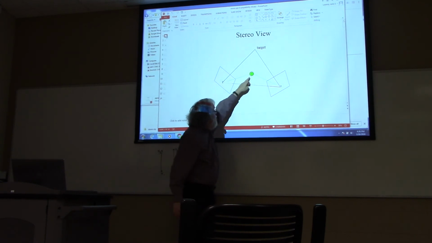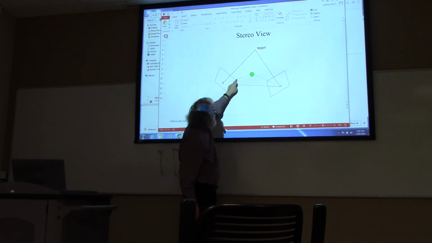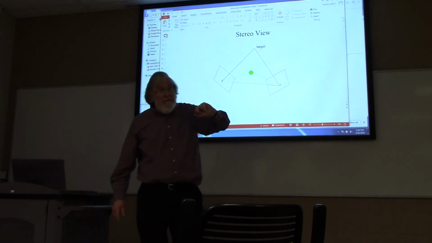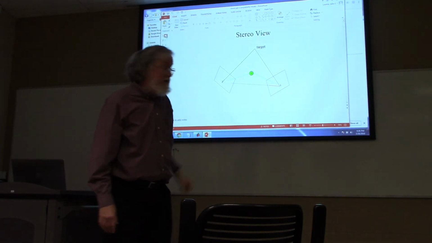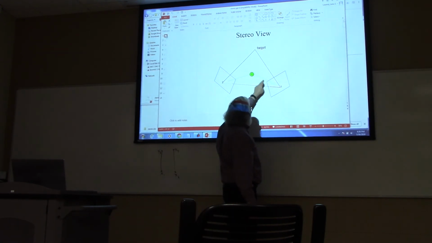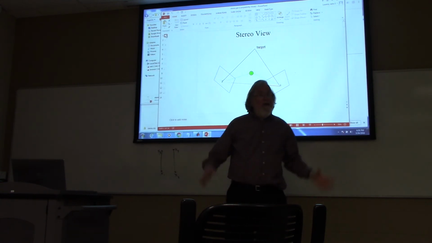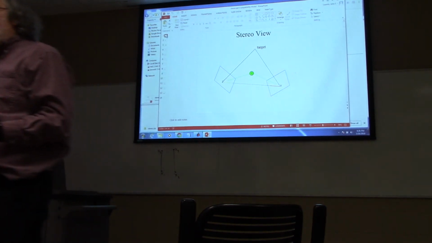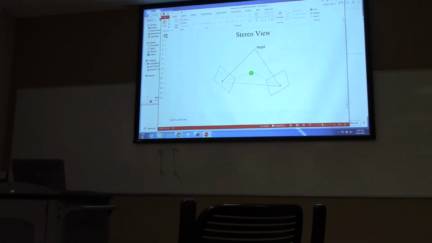And we know that the point in question lies somewhere along this vector, but we don't know where. We do know it lies along that vector, and we know that the point in space lies along this vector. So if we want to find out where that point is from two images, we can triangulate those two vectors and see where they intersect.